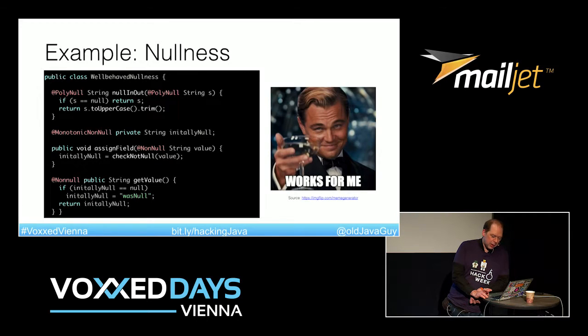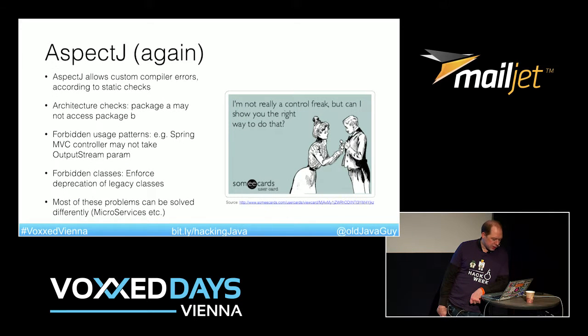And of course, for the next use case, I'll be looking at AspectJ again, because AspectJ also gives you policy enforcement, and that's a bit for the control freaks. So what you can do with policy enforcement in AspectJ is, well, there's a lot you can't do because you cannot inspect any control flow.